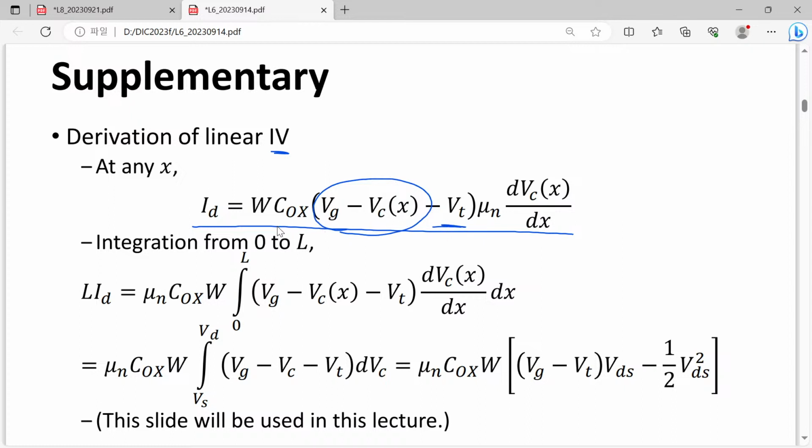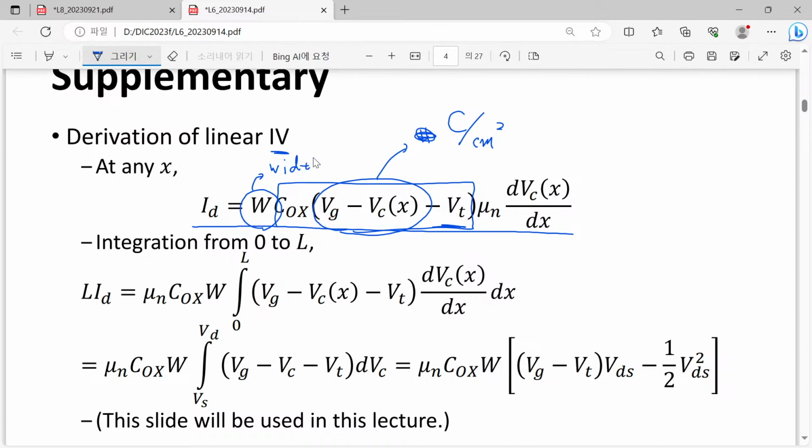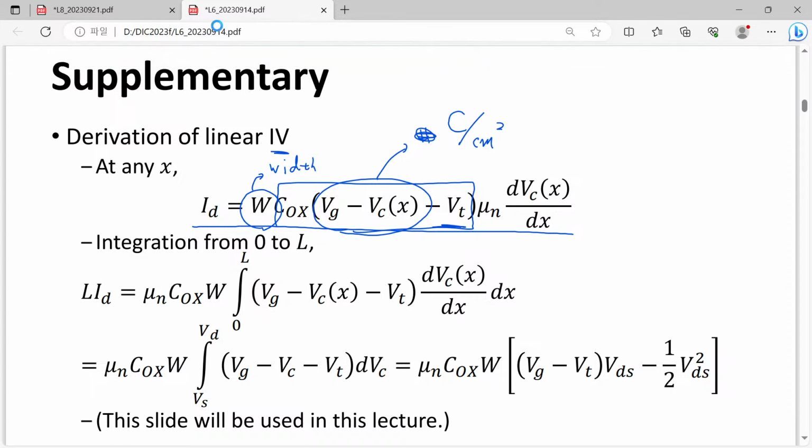That is corresponding to the number of coulomb per square centimeter, and here we have the width of our transistor. So you already have it. Please have a look at your lecture 6 material.